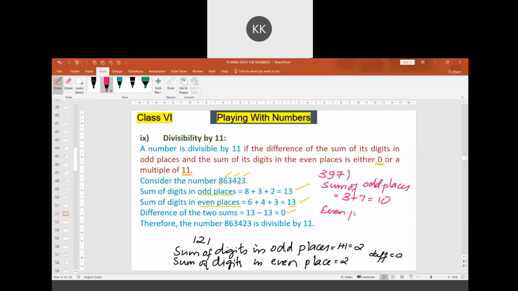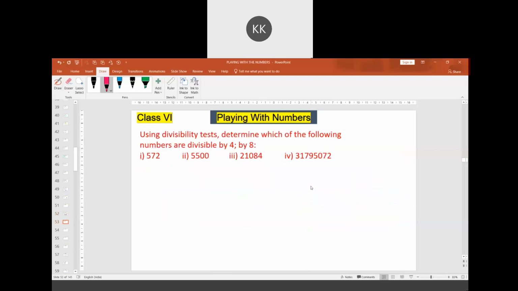Even places, it is 9 plus 1, which is 10. Difference of them is 0. Therefore, this number is divisible by 11. It's simple. So these are the tests for divisibility. Now using the tests for divisibility, we need to determine whether the given numbers are divisible by 4 or by 8.